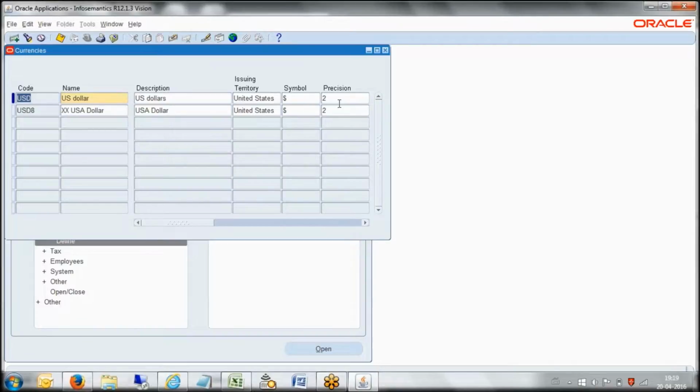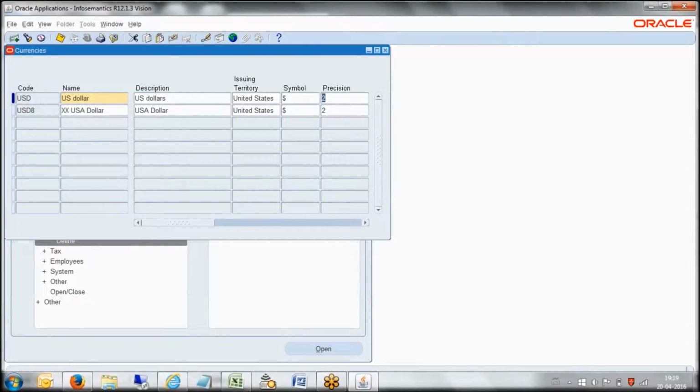This looks like a very small thing. Why can't I change it to 3? But these are decisions which are time taking and thorough decisions. It's not like you can just take this decision anytime. Let's say you close this month and everything is reconciled and good.